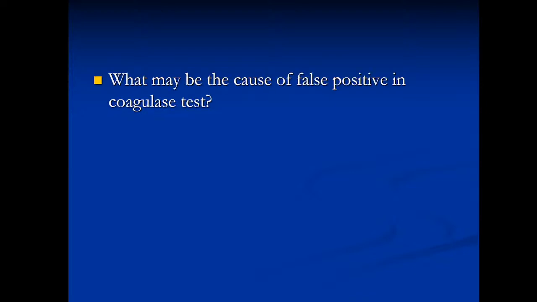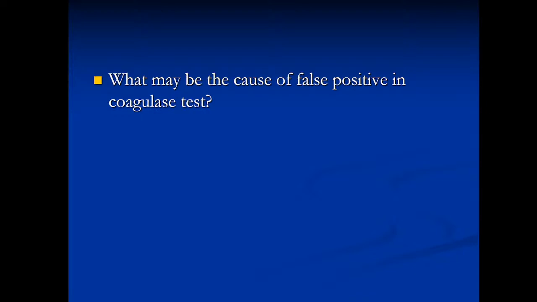Okay? So what may be the cause of false positive coagulase? Now you have to be mindful of false positive coagulase results. This is mainly due to citrate anticoagulant plus citrate utilizing organisms, because of the release of calcium. The function of calcium in the whole coagulation cascade is that it's a cofactor to a lot of things, correct?